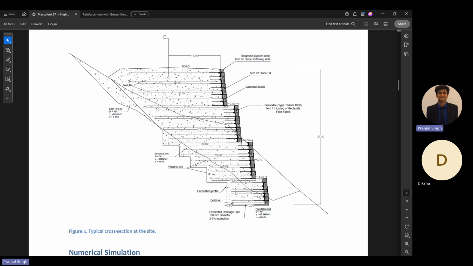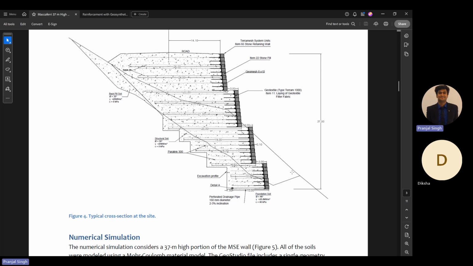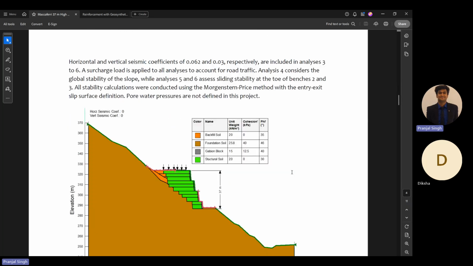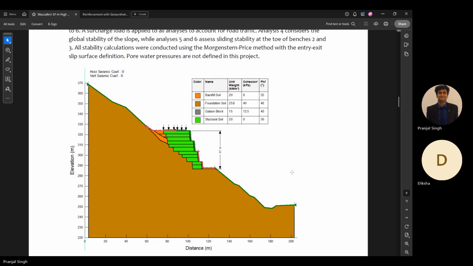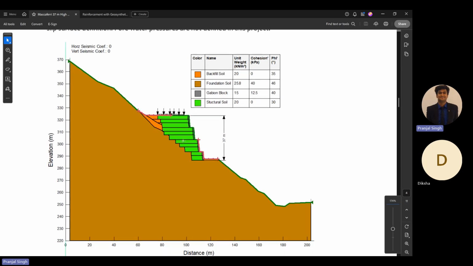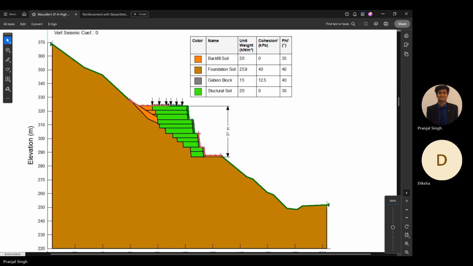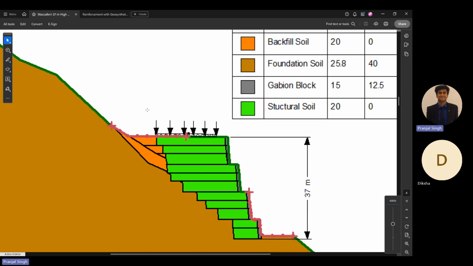So you will have a linear wedge, and that will be the critical failure surface. So this is the analysis without considering the reinforcements. Here, this orange one is the backfill soil. Then you have structural soil, and then you have the gabion block.